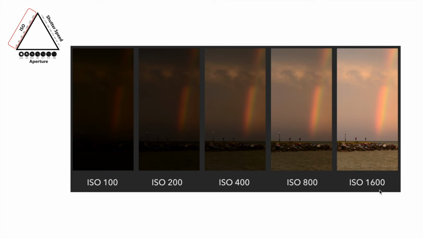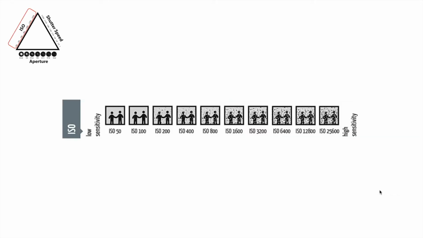But what does that mean for taking photos? If your ISO is very low, it's got low sensitivity, less light is captured, so the image might be darker, but everything in that image is going to be sharp. As you can see, as we go further up the ISO numbers, once you get to 1600 and onwards, the quality of the image is not as good.